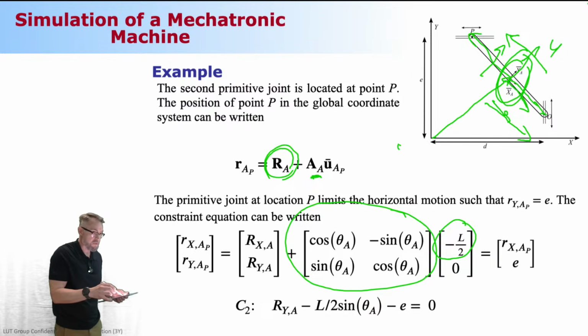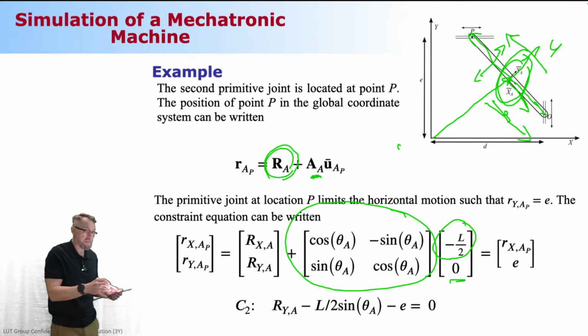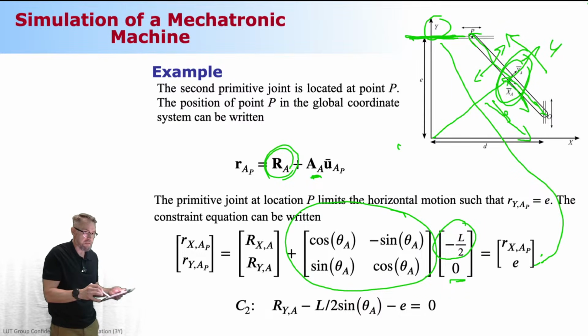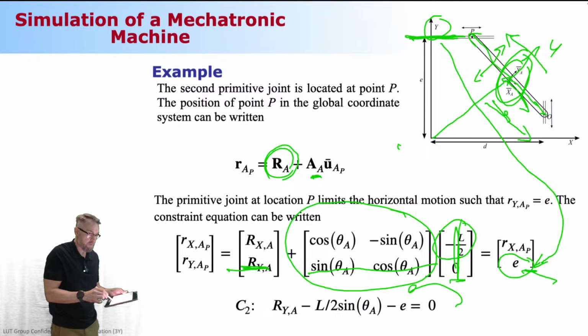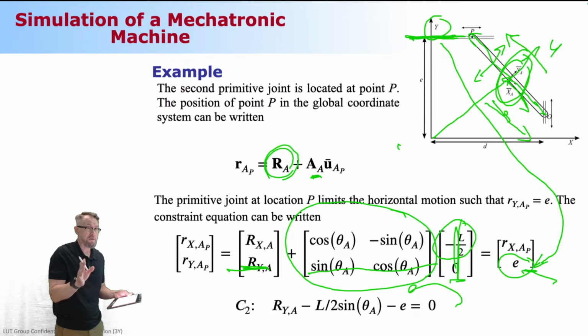And how much in the transverse direction? 0. Again, I have to constrain this. This time, this guy is limited in a way that this distance, along the y coordinate axis, has to be E all the time. Then I do the math. I'm going to take this one, and this one, and set that to be E. And E will be substituted in the left side of the equation. That's my second constraint equation.